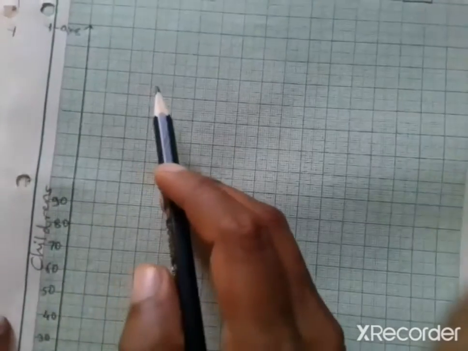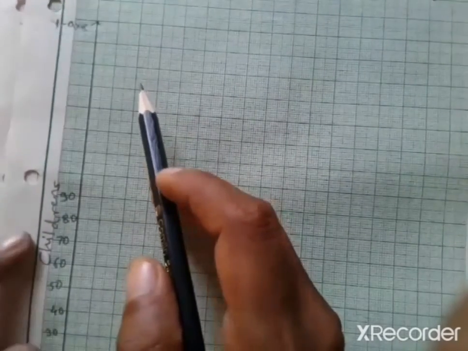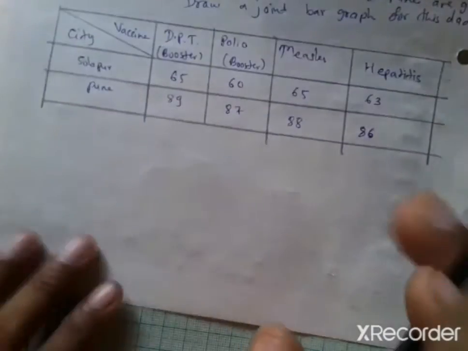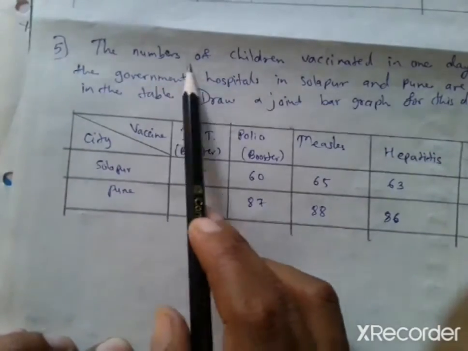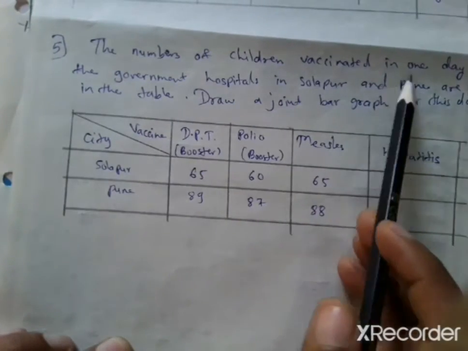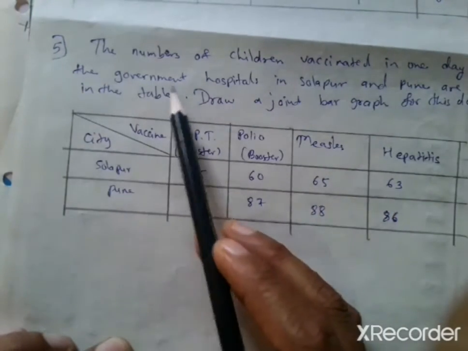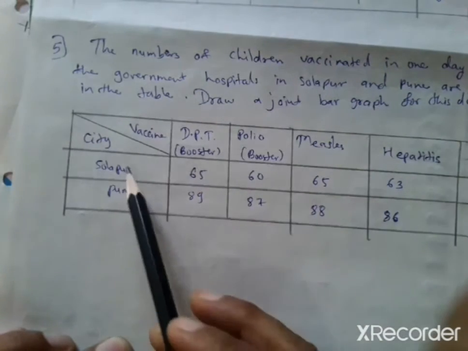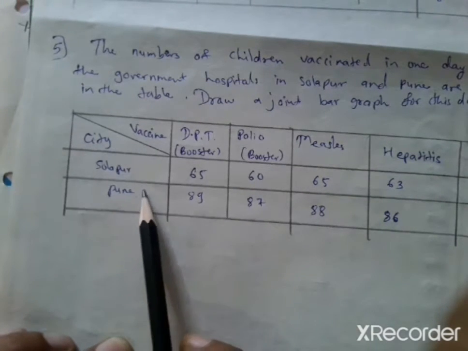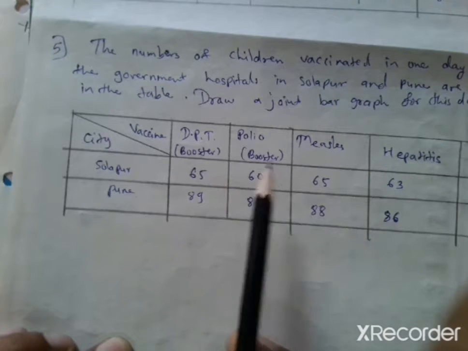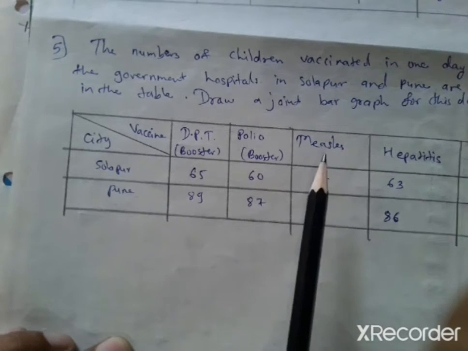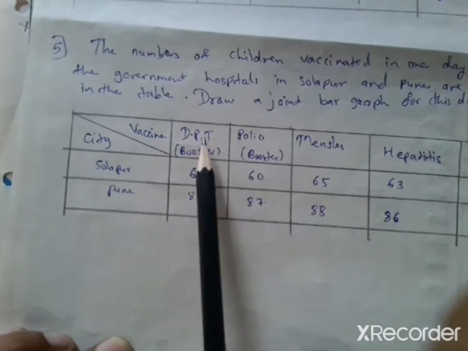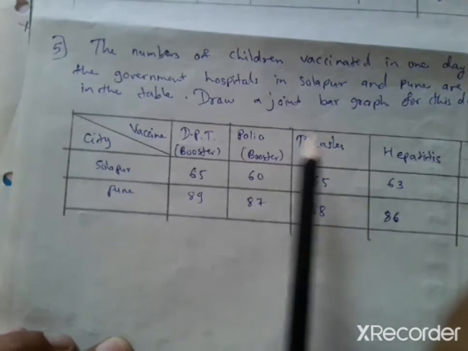Now next is question number 5. Here the number of children vaccinated in one day at the government hospital in Solapur and Pune are given in the table. There are 4 types of vaccines.